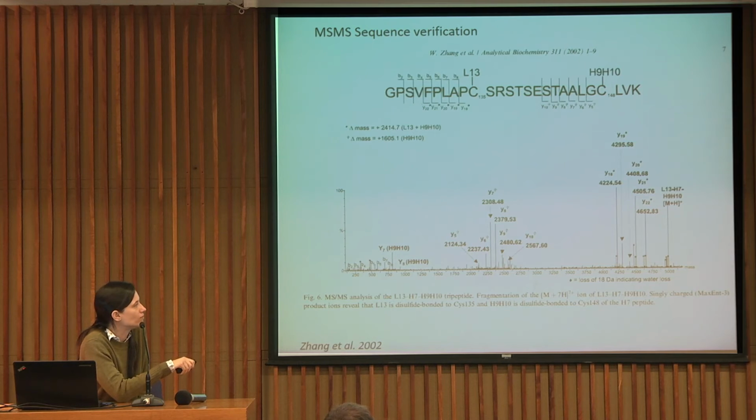The only thing you have to pay special attention to is that in the Y series, for example in this case, we will have Y1, Y2, Y3, but from Y4 we expect the masses of the fragments to be altered by the fused peptide. As you can see in this area of the spectrum, all these ions have this crossover, which corresponds to the delta in mass of the H9, H10 peptide.